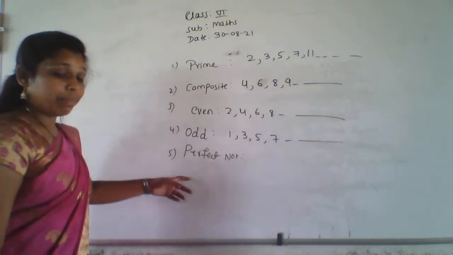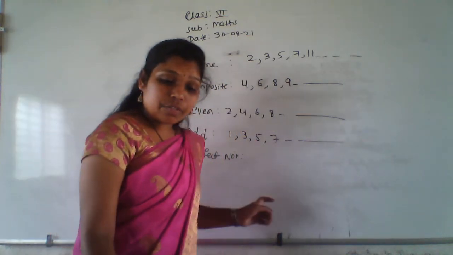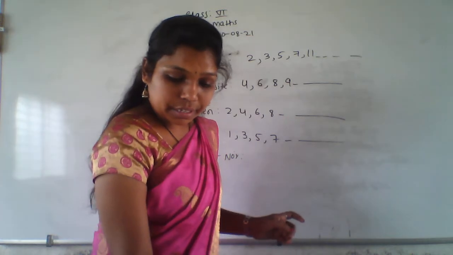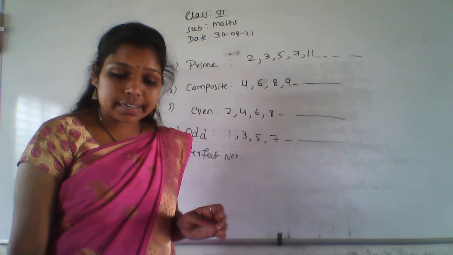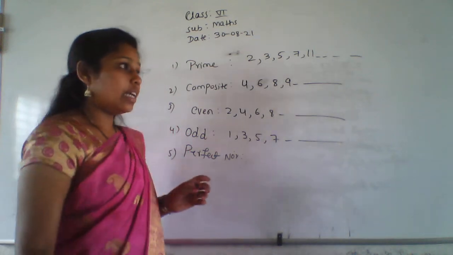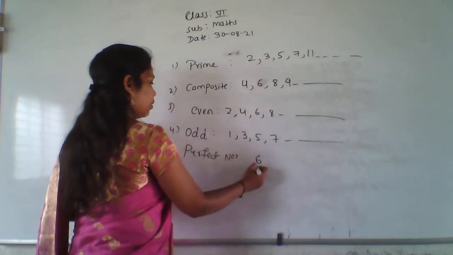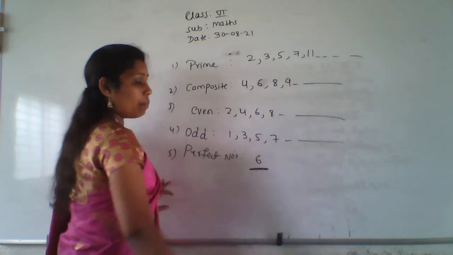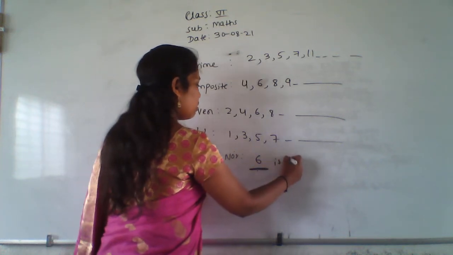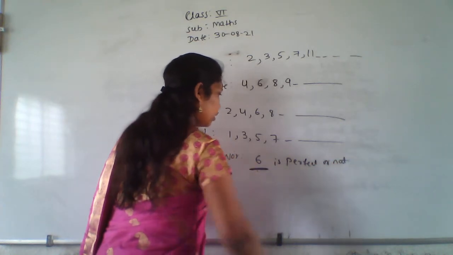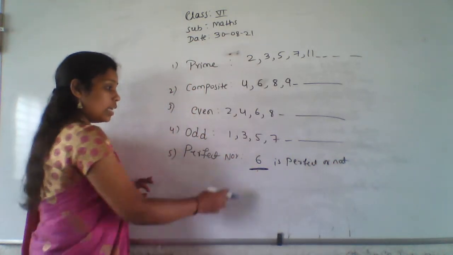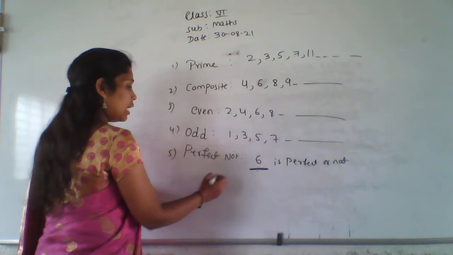Right. What does perfect number mean? What is the meaning of a perfect number here? See, if you take the factors of that number, I'll give an example of 6 here. Check whether 6 is perfect or not. What are the factors of 6 here?